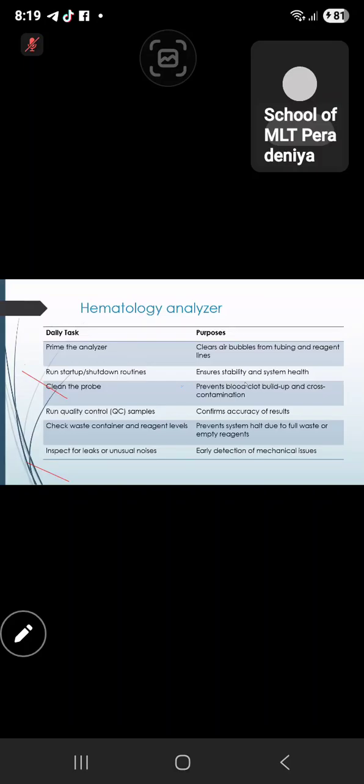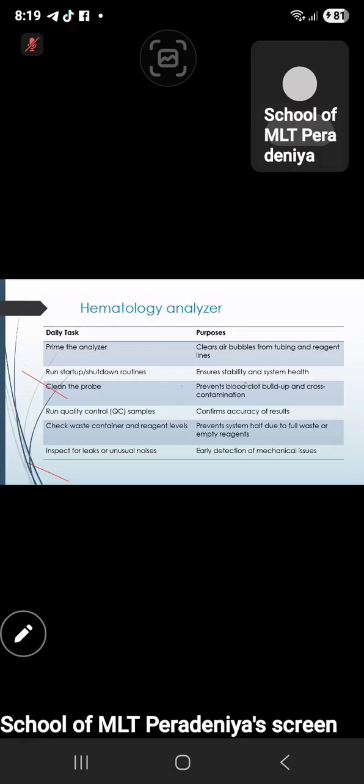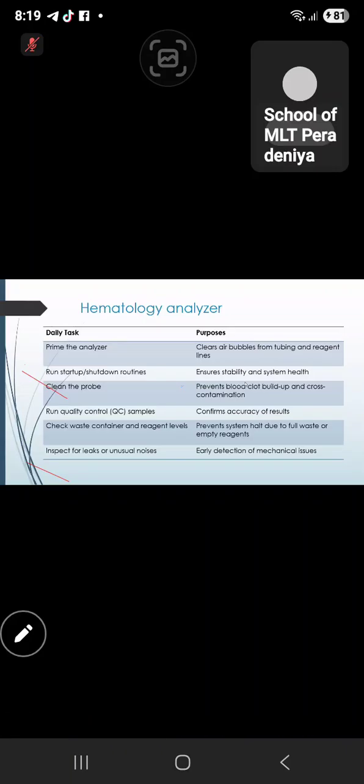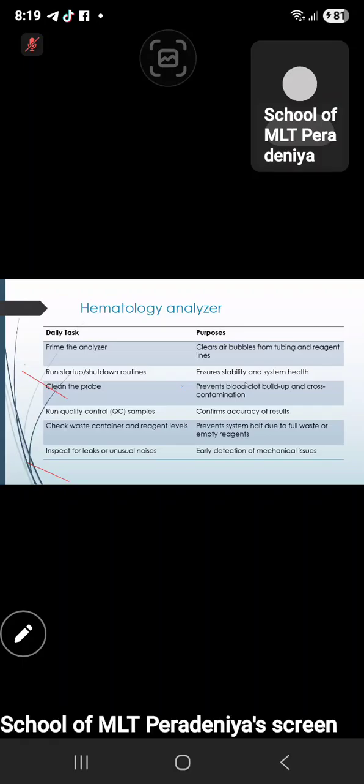Then we have to contact the relevant party, right? If we can detect early, we can minimize the cost of repair, and we can correct it, right?